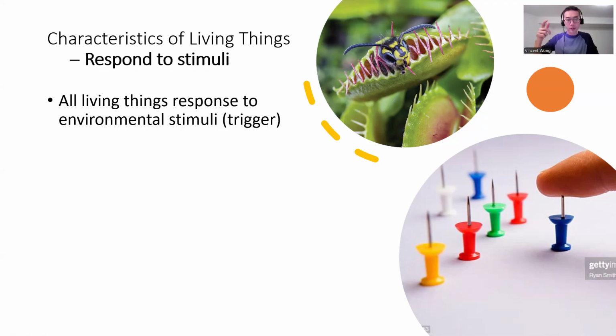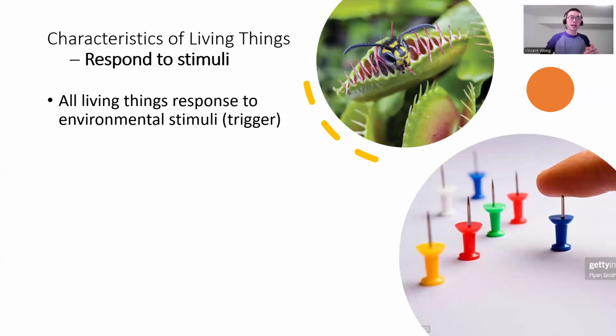That's a trigger, and the plant closing on it is a response to that trigger. Similarly, for us, we don't eat the bugs, but when we touch something sharp, your body automatically recoils the finger, right? And that would be an example of the ability to respond to some kind of stimulus.